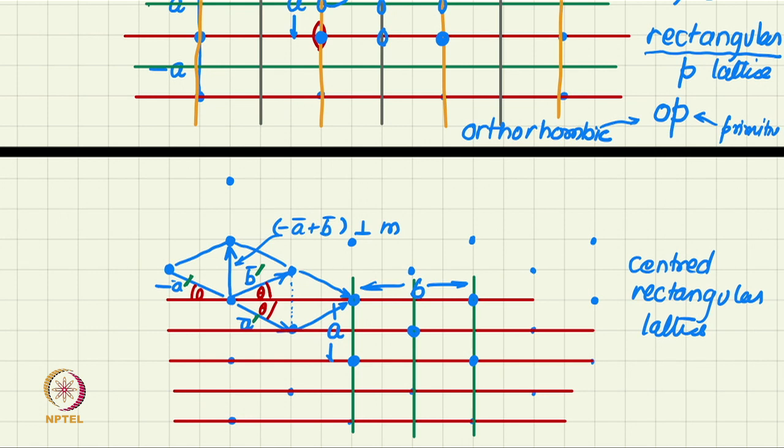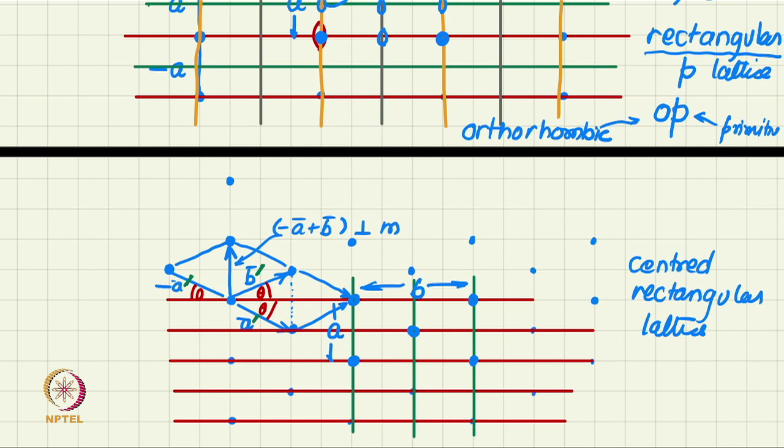Then minus A prime is just opposite of A prime. So A prime and B prime will have the same length also. Yeah, A prime and B prime are equal. So that is why it is important to keep this notation different.